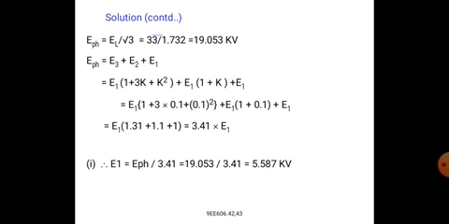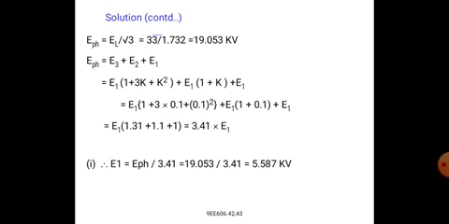So E1 is equal to 19.053 divided by 3.41, which is 5.587 kV. So we have found the voltage across the first insulator.